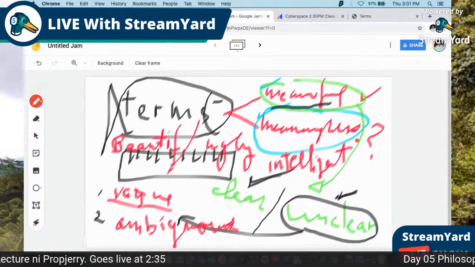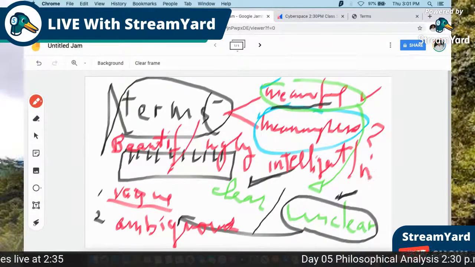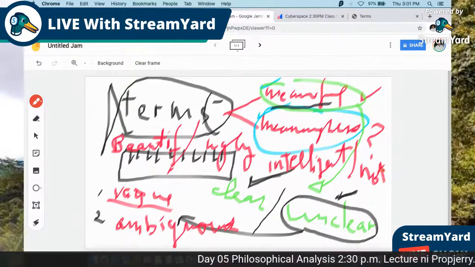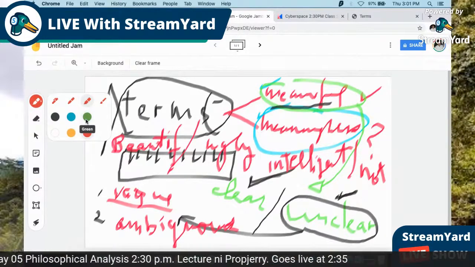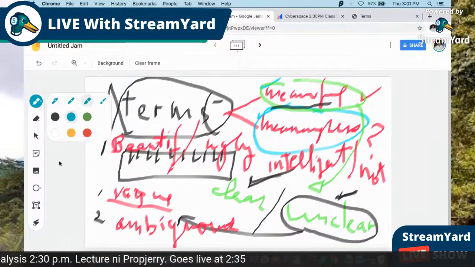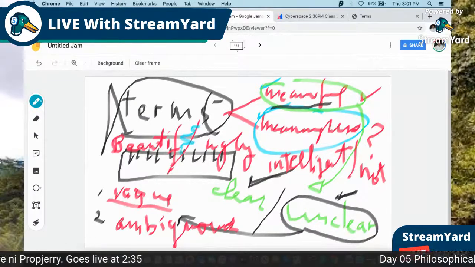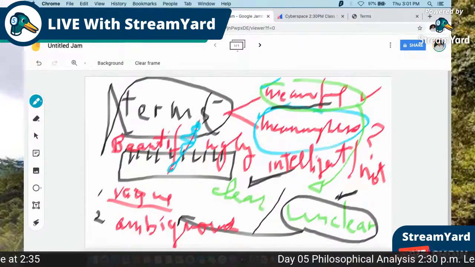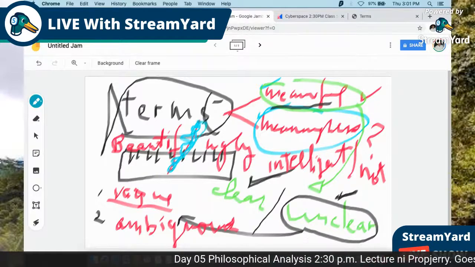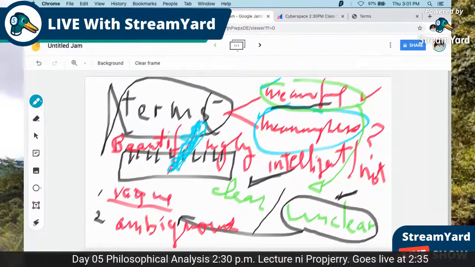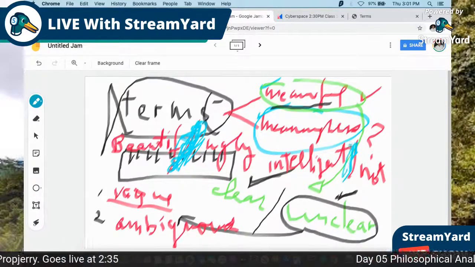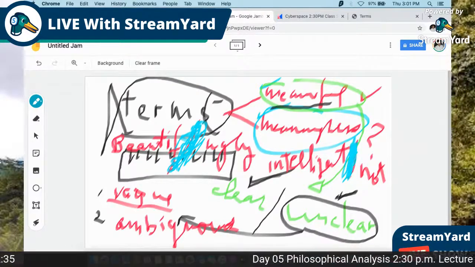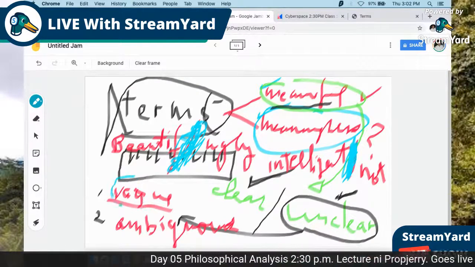All right? Intelligent and not intelligent. Notice that for the most part, and I think many of you will agree, the boundary between beautiful and ugly is a gray area. It's not so clear. Similarly, the distinction between intelligent and not intelligent is also not so clear. That's when you have vagueness.